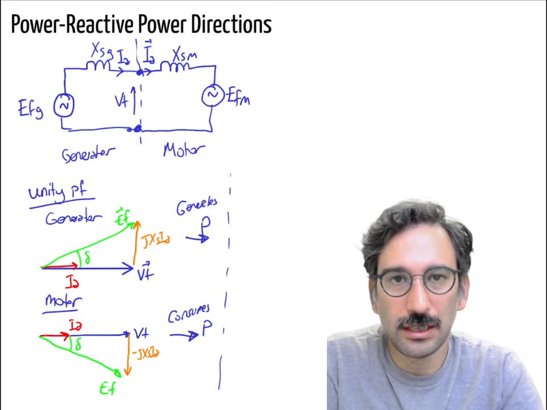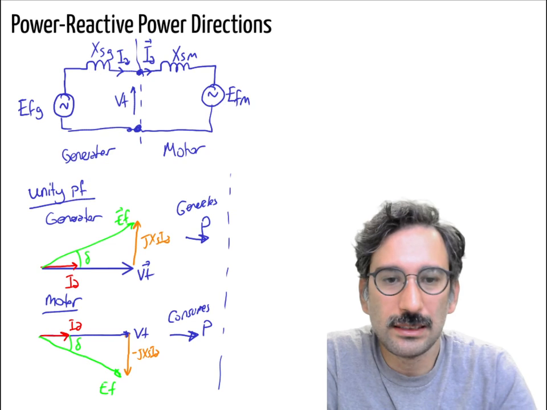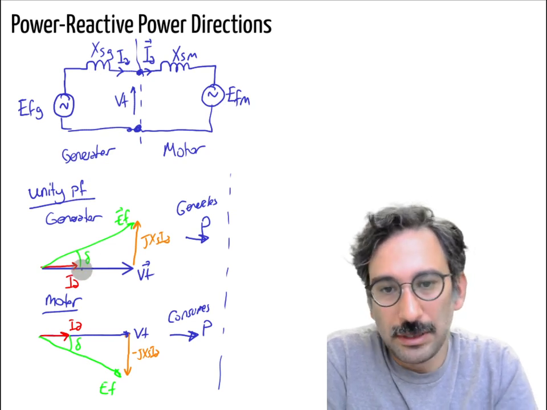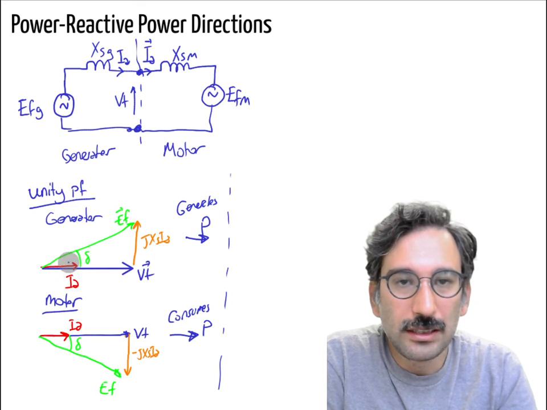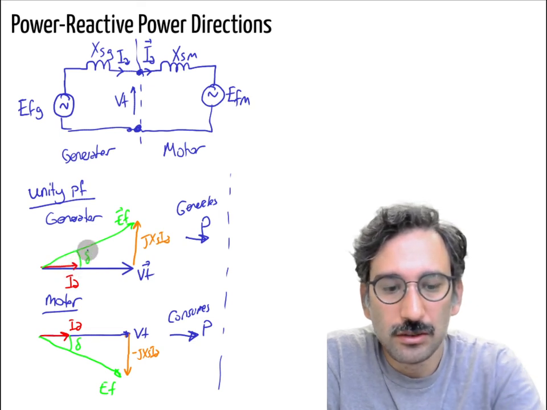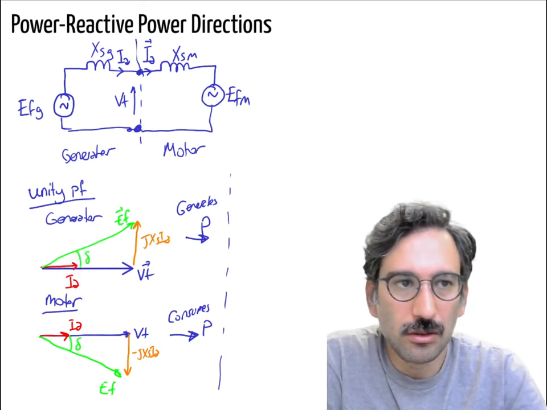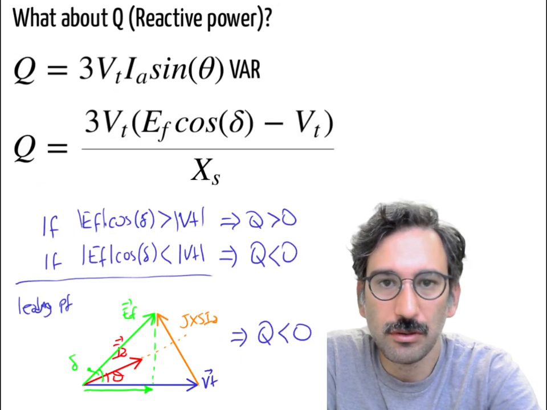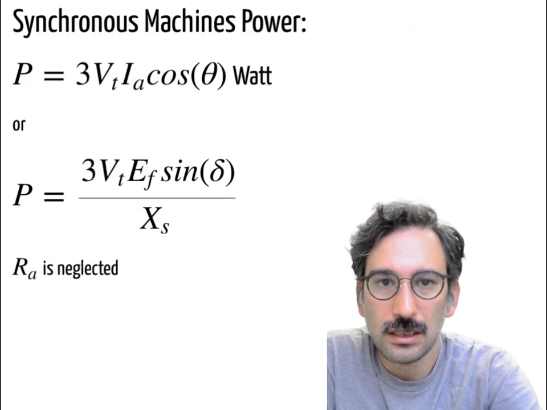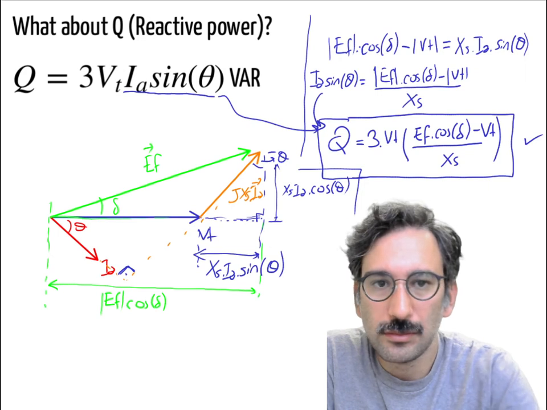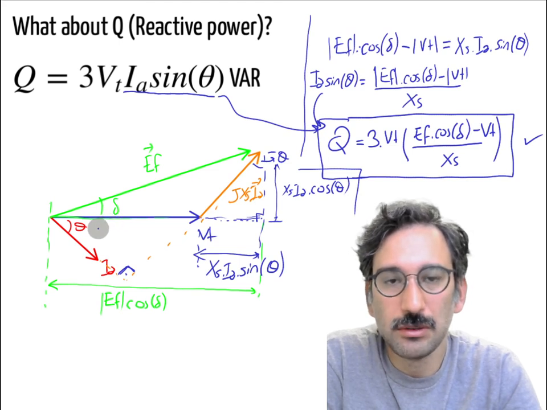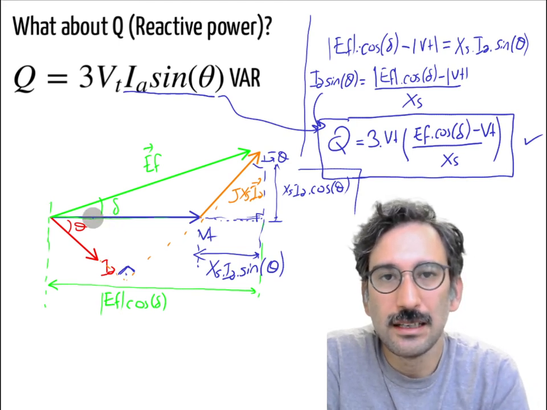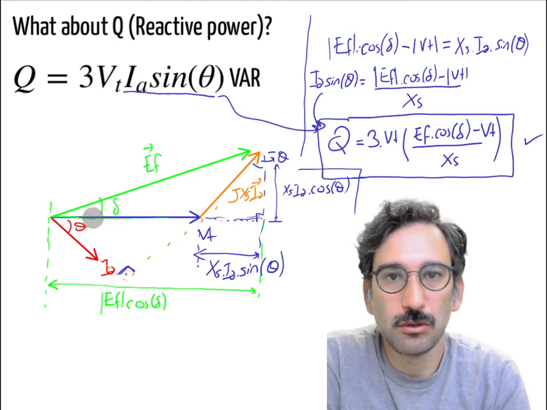What about Q? Let's have a look at Q. What is Q at that point? It is operating at unity power factor. The reactive power is proportional to sine theta, and if it is working at unity power factor, all S is equal to P, so there is no Q in the system.